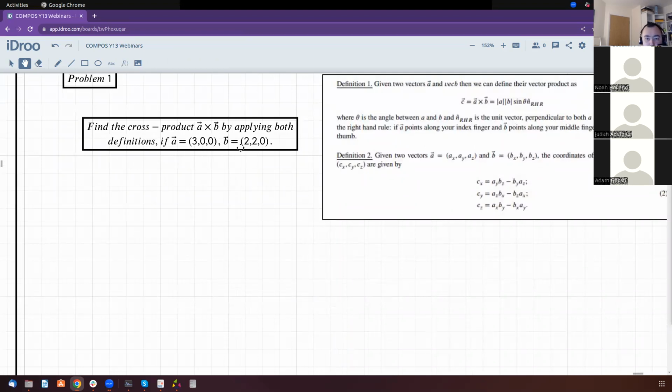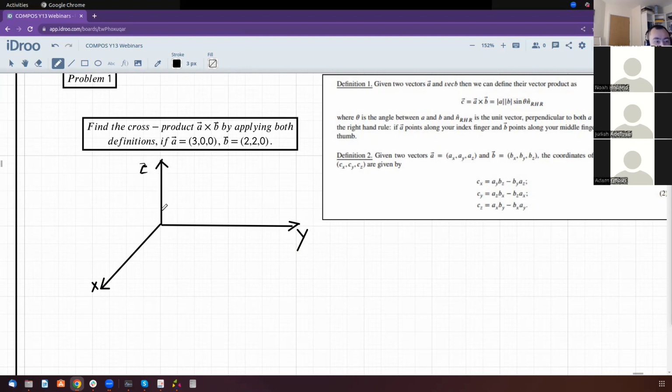Okay. So let's try to find the vector product using the definition. So we have A, we have B. It would be nice to have a diagram. So let's draw. As standard, we draw X in this direction, Y in this direction, and Z in this direction. So vector A is 3, 0, 0.